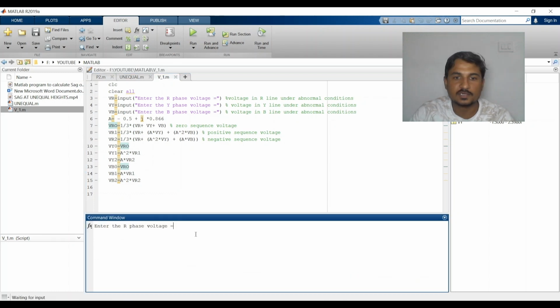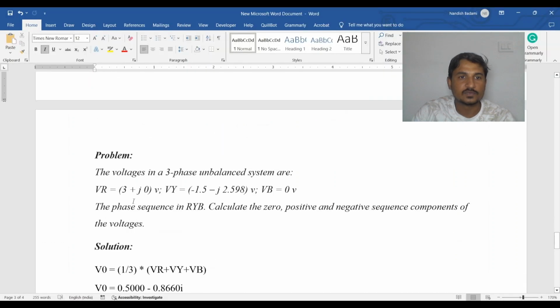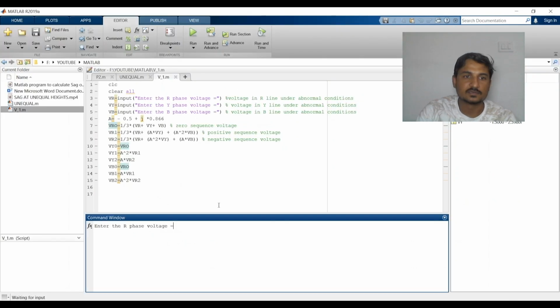Enter the R phase voltage. From the program, the R phase voltage is 3 plus j0. Let us type it as 3 plus 0j, yeah, small j.